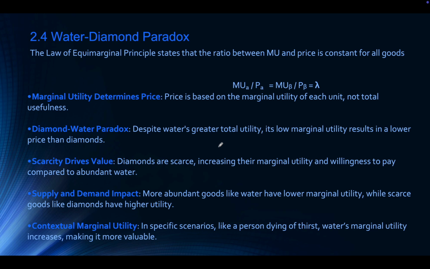On the other hand, diamonds are scarce, so their marginal utility is high, leading to a high price despite providing less overall satisfaction. Here is an equation that shows the relationship between marginal utility and price in the water diamond paradox.